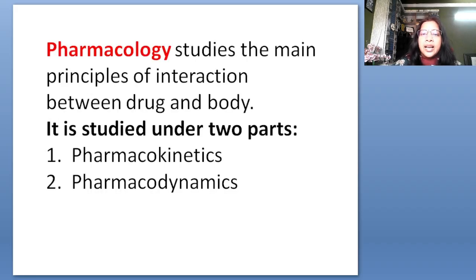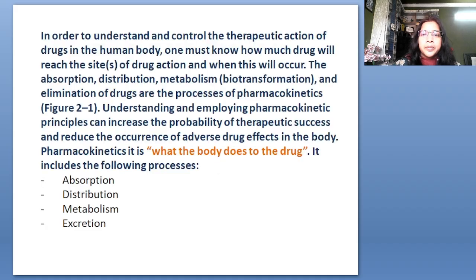Pharmacology is a science where we study principles of interaction between drug and body. Pharmacology is studied under two parts, pharmacokinetics and pharmacodynamics. In order to understand and control the therapeutic action of a drug in the body, it is very important to know some of the basic aspects known as absorption, distribution, metabolism, excretion.